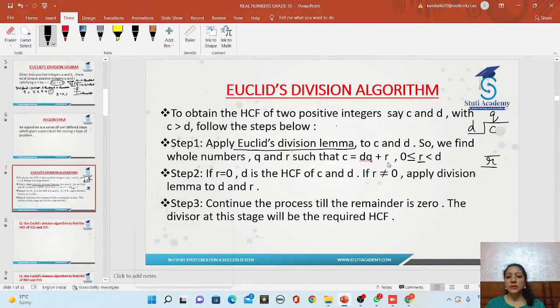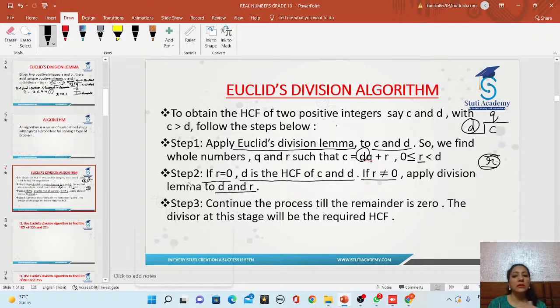Now if the remainder is equal to 0, then we stop here, and the divisor at this step would be the HCF of C and D. Now what if the remainder is not 0? If the remainder is 0, D is the HCF of C and D. And if the remainder is not 0, then we'll apply the division lemma to D and R. We take the non-zero remainder and the divisor, and apply the division lemma to it.